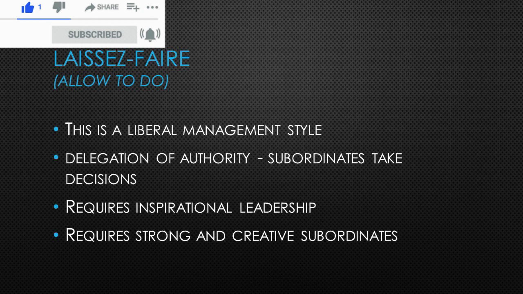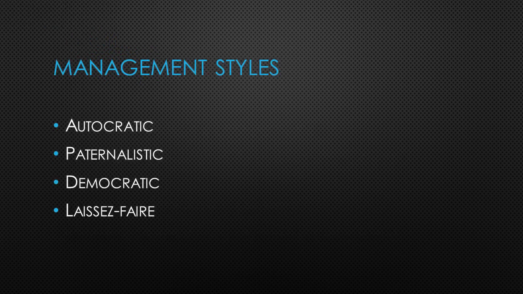Now, when you look at all of these four together, autocratic, paternalistic, democratic and laissez-faire, you can then think about any organization, any place. If you are a student, think about your professors. If you are in school, think about your teachers.